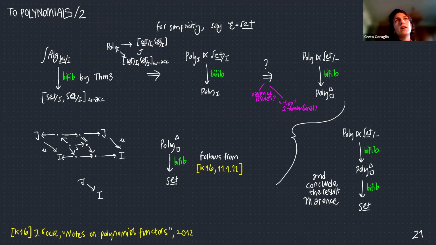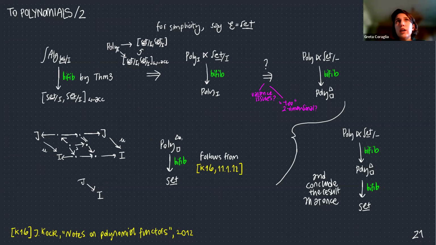An object here is simply a polynomial, so the triple of maps of this kind, and they are sent to their endpoint.